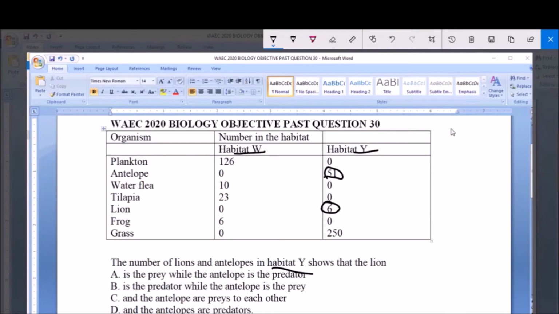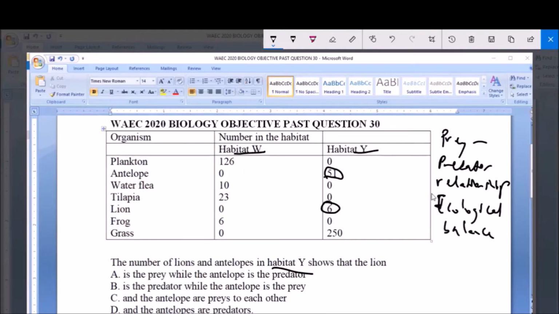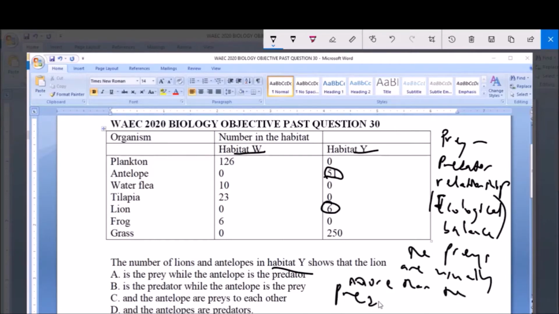Now for the predator relationship, for the purpose of ecological balance, the preys are usually more than the predators.